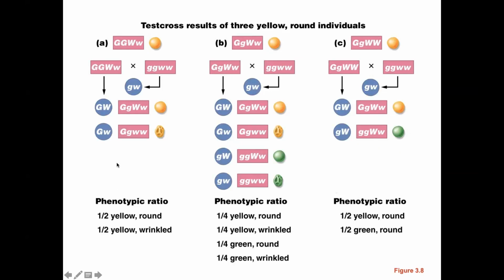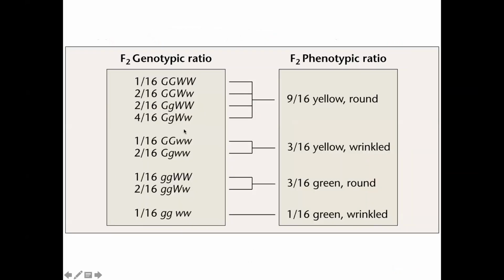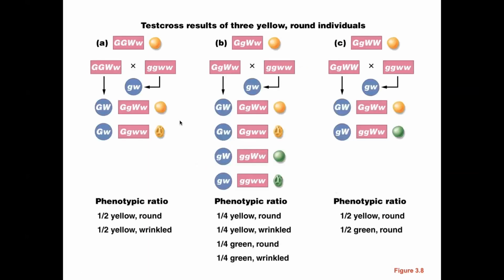And then there's one other genotype. What if you're doubly heterozygous, big G, little g, big W, little w, and you perform a test cross of a yellow, round-seeded F2 plant that had that particular genotype? What would be the predicted outcome among the test cross progeny? So here's the genotype, here's the cross, here's the Punnett square that predicts the outcome.